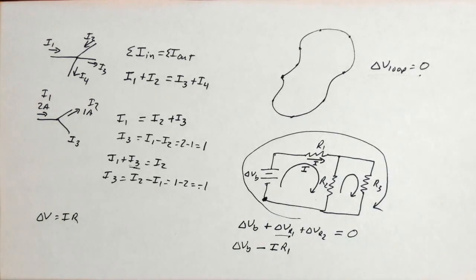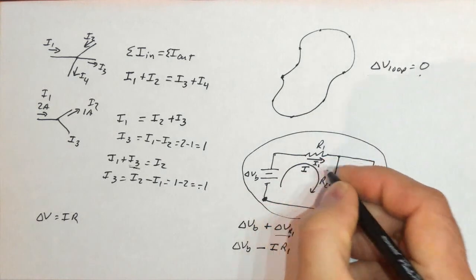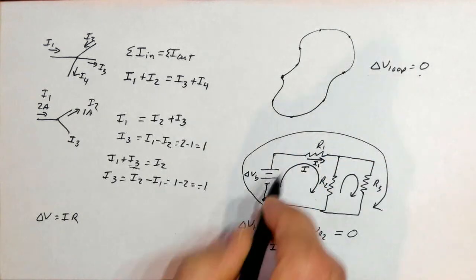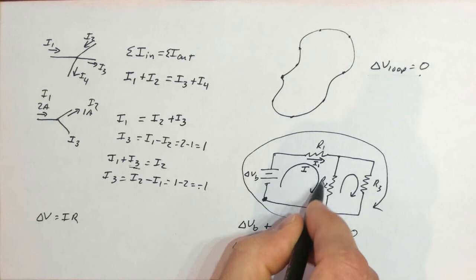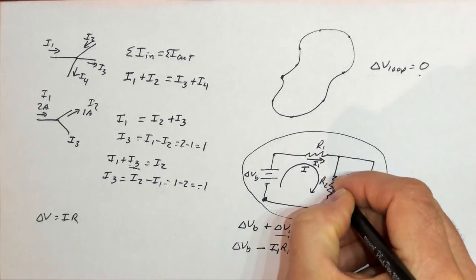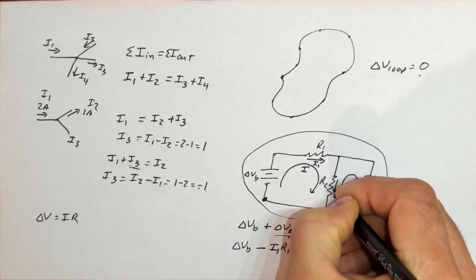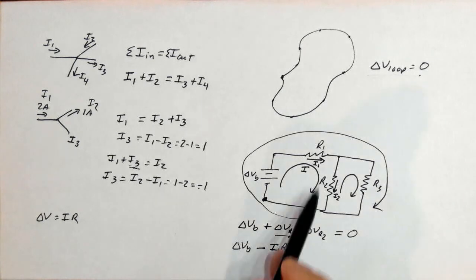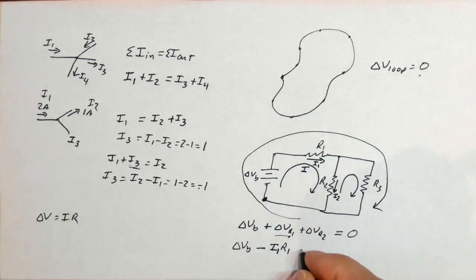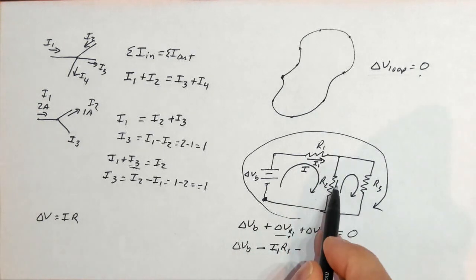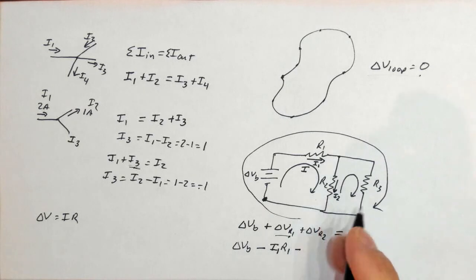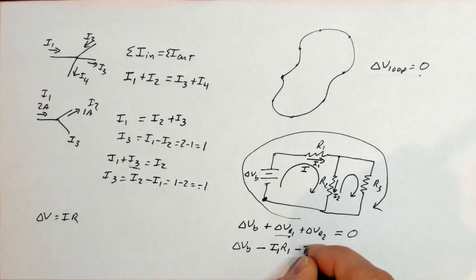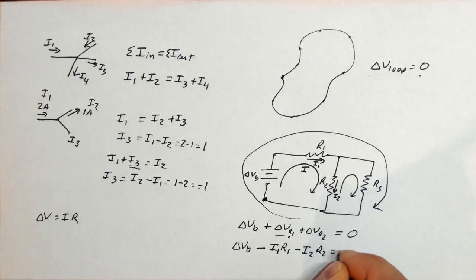Okay, and I'm going to have to be a little bit more careful. I'm going to call that I1 because when I get to this resistor, I'm assuming the current's flowing this way. Call it I2. And so I'm crossing that one, and so that's also negative. I'm going in the direction of the current, and therefore I've got negative I2 R2 equals 0.